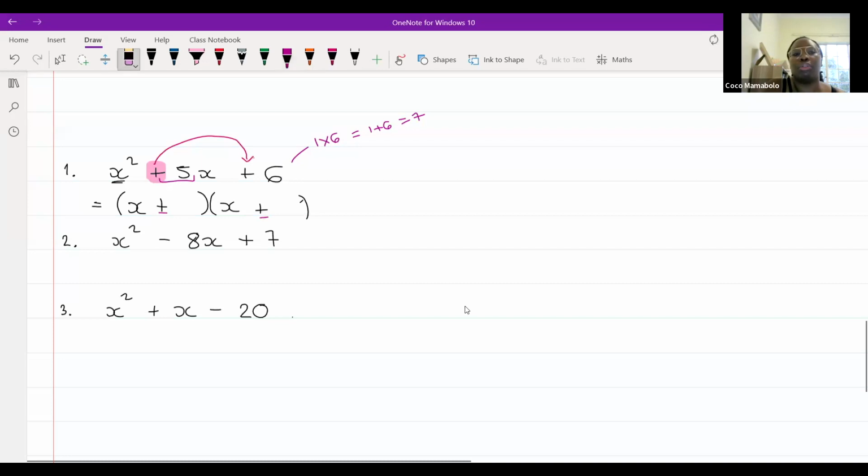Correct, Sia, well done. 1 and 6 are not going to work. So I can then use 2 times 3, because I know that 2 plus 3 is going to give me 5, and I need both of them to be positive. Let me do it Sia's way: 3 and 2. There we go. And now we've factorized.